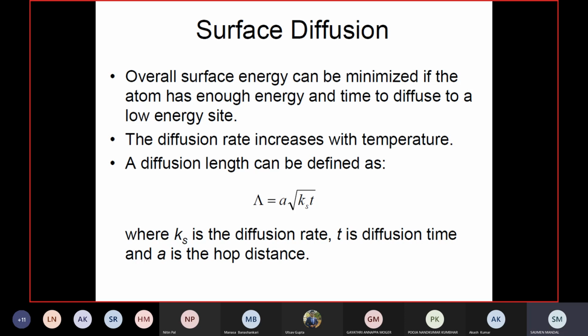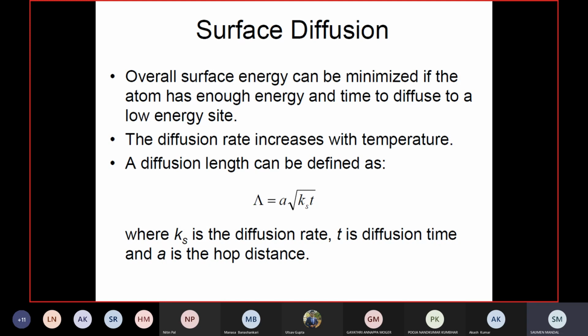So surface diffusion: overall surface energy can be minimized if the atom has enough energy and time to diffuse to a lower state. When an atom sits on the surface, it will try to diffuse, and there is a continuous change in the surface energy until it rests. This diffusion rate increases with temperature, of course, because diffusion is temperature dependent, and in this case it is the surface temperature.